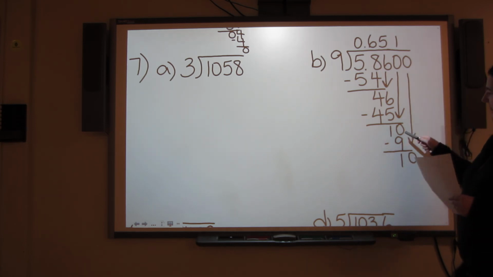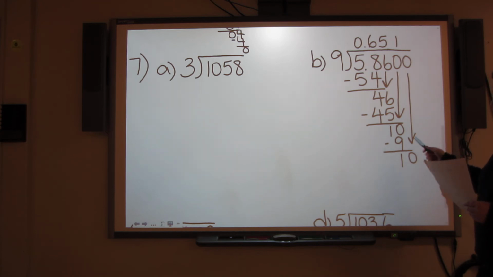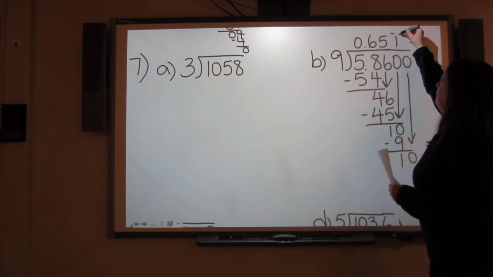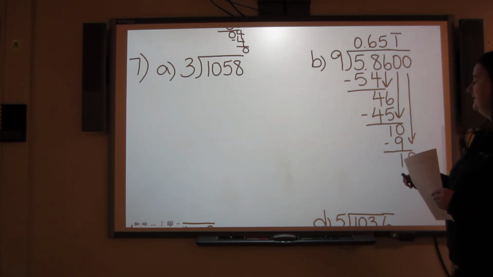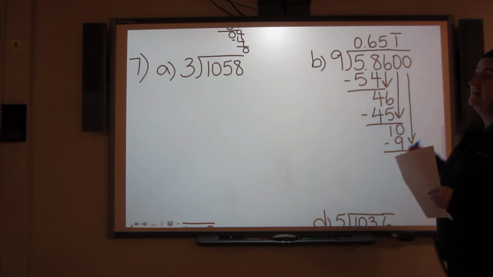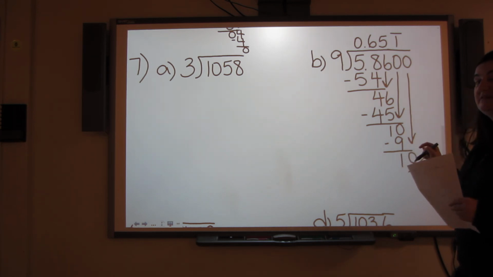I'll continue to drop zeros, I'll continue to have 1 as a remainder, I'll continue to get 10. And so this 1 is a repeating decimal, which means it will go for infinity. And now I'm done. Even though I only dropped 2 zeros, if I keep dropping them, I'm still going to get the same number. So that's your repeating decimal. This will happen sometimes.